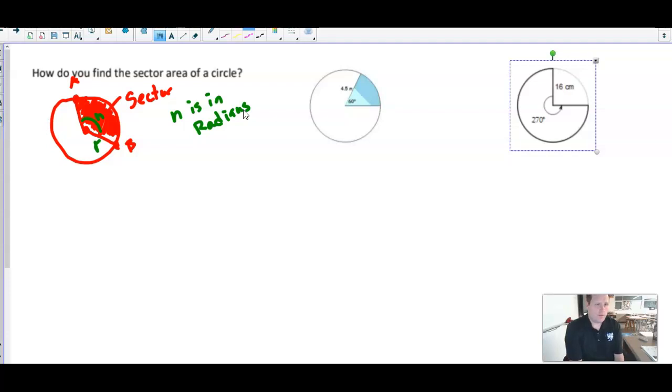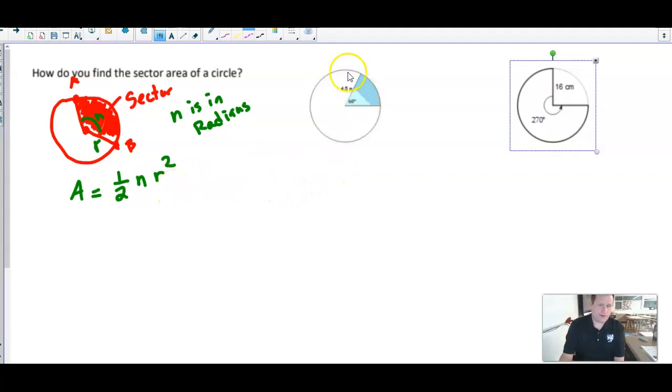So that's important that we put that in radians. And then once I've got that, I can find the area of that sector. A is going to be equal to 1/2 times n r squared.